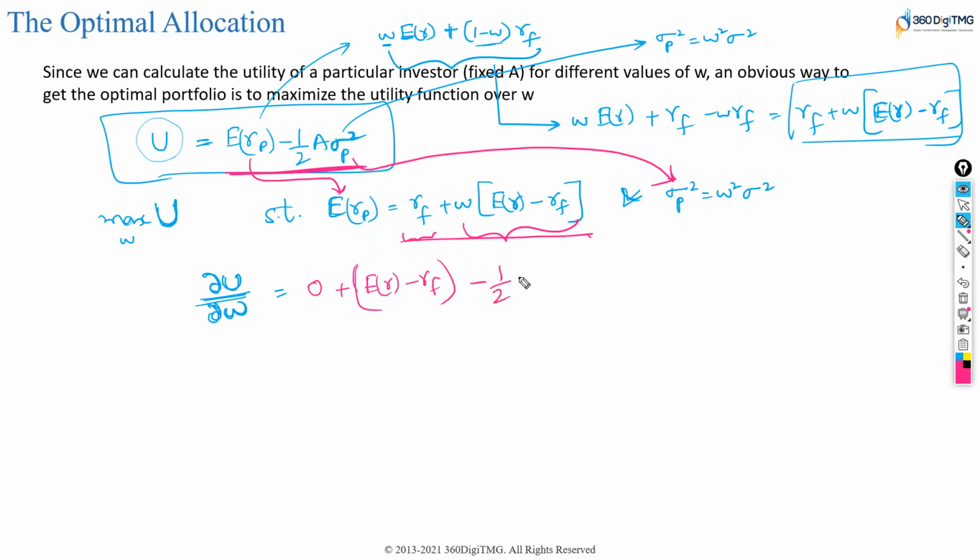So half A, this is nothing but W square sigma square. And W square derivative is 2W, sigma square will be as it is. You equate it to 0. And then solve it, which implies this is anyway 0.